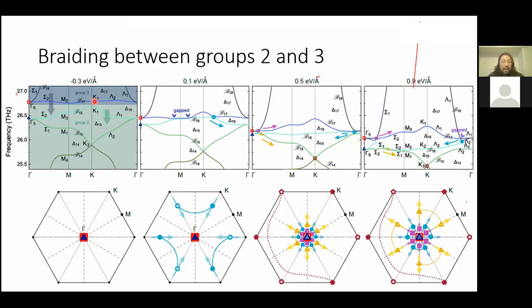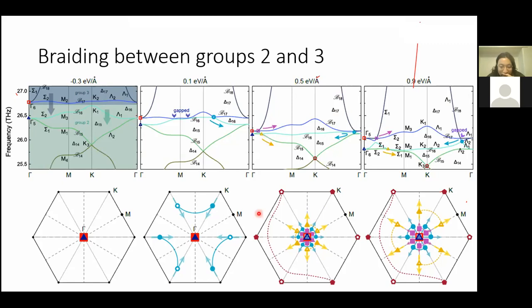So we can also get this band inversion around gap 16, and it will first start from the K points. And at about 0.1 eV per angstrom, we can see this blue circle will be created near the K points and move to the gamma point. And after that, these two bands at gamma 5 and gamma 6 will be inverted at further electric fields.